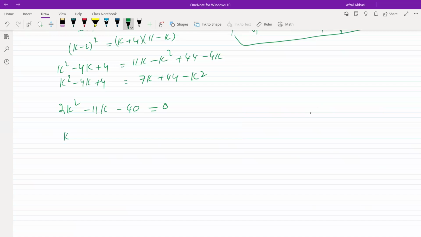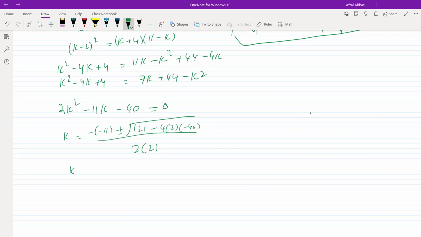So k equals minus b plus or minus the square root of b squared minus 4ac, over 2a. As I repeatedly told you, always mention the formula. Don't directly calculate on your calculator and write the answer only, but at least write the formula, substitute the values, and then work out your answers.